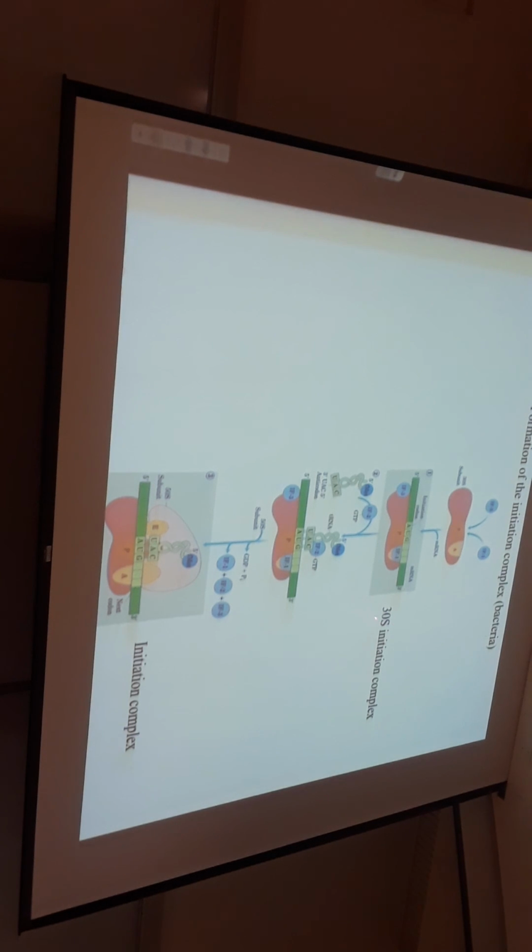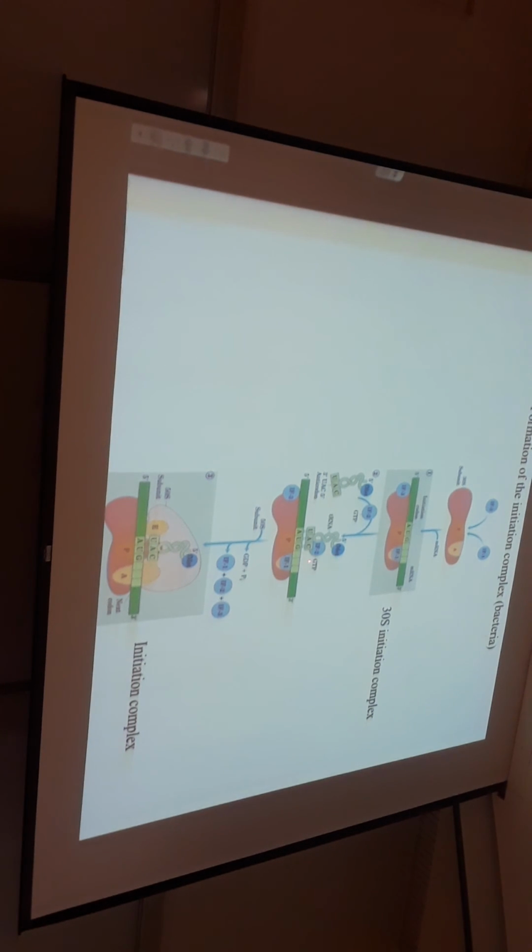Then this so-called 30S initiation complex binds our first tRNA. It's the one that brings an N-formylmethionine. But we see that this N-formylmethionine actually is bound with the help of another initiation factor 2, that is bound to GTP.